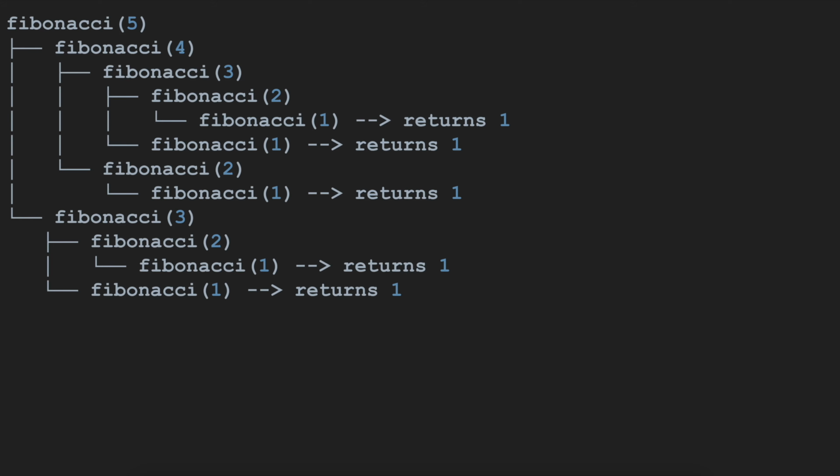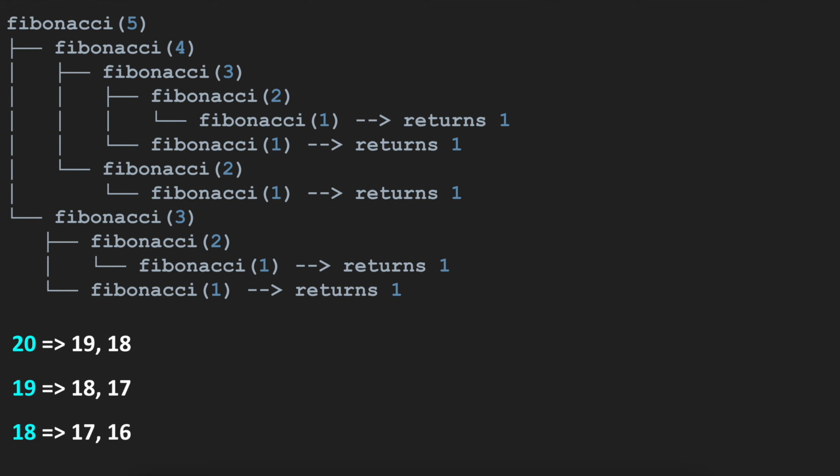So we are running that for 4 and 3. And for 4, we are again recursively calling, and that would be the sum of 3 and 2. For 2, we have only one number, so we are returning 1. The same again when the Fibonacci is equal to 3: we are recursively calling 2, and for 2, we are recursively calling Fibonacci 1, and we are returning 1.